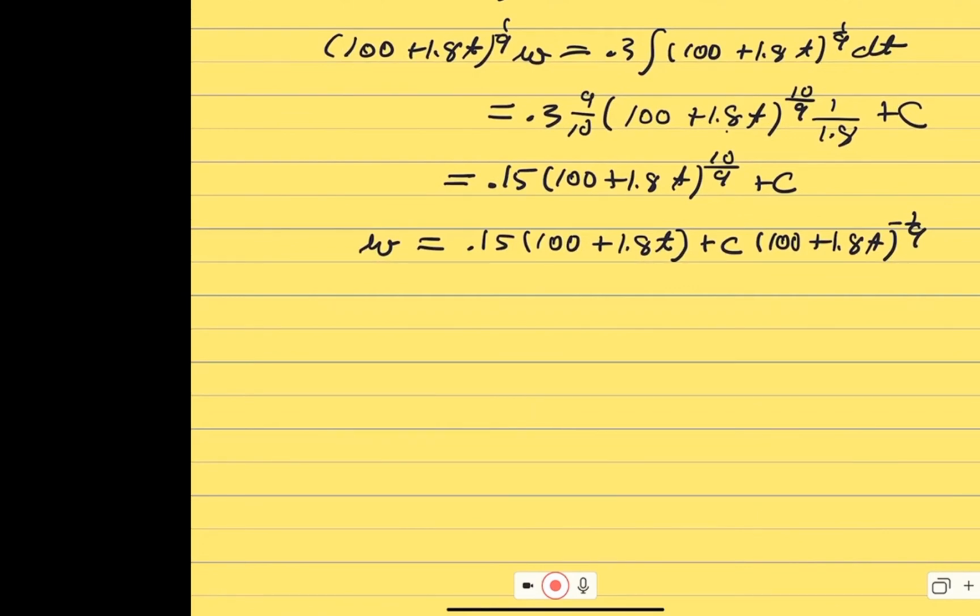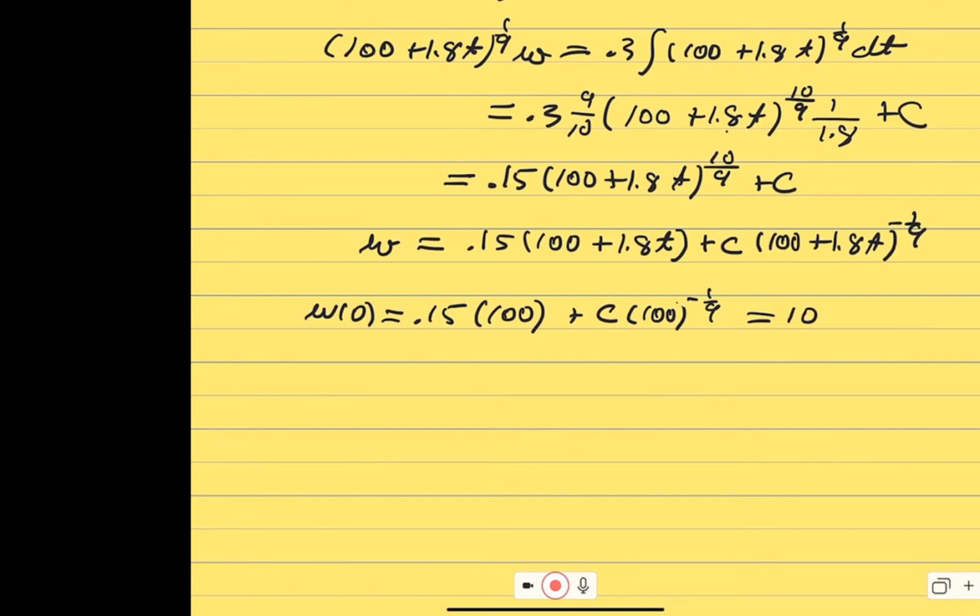Now, so we're almost there. W of 0 is 0.15 times 100, putting 0 in there, plus c times 100 to the minus 1/9, and that is equal to 10.